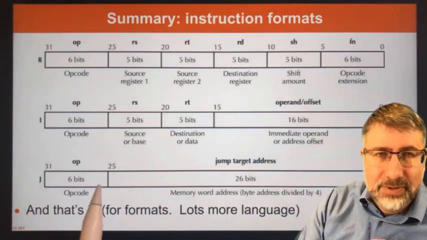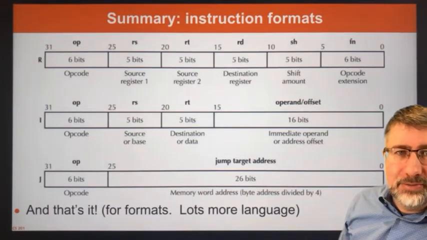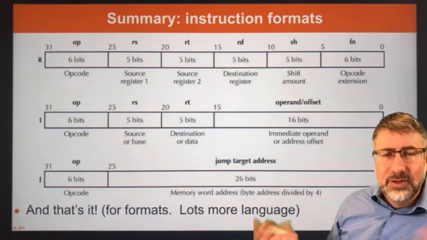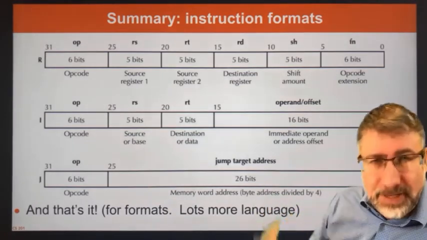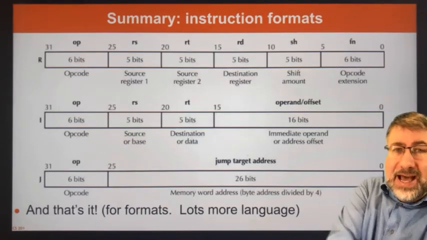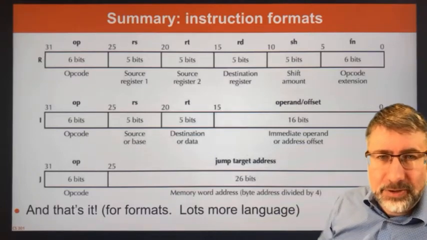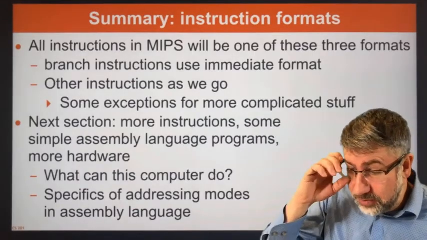And the J-type is just the entirety of the instruction is taken up by the jump target address. And that's the only format you'll ever have to learn. We might do some floating point stuff later, but we'll see. Everything else is based on those 3 formats. And so with that, if I give you an instruction, you should be able to tell me the 32 bits that correspond to it. So all instructions in MIPS are going to be one of these 3 formats.